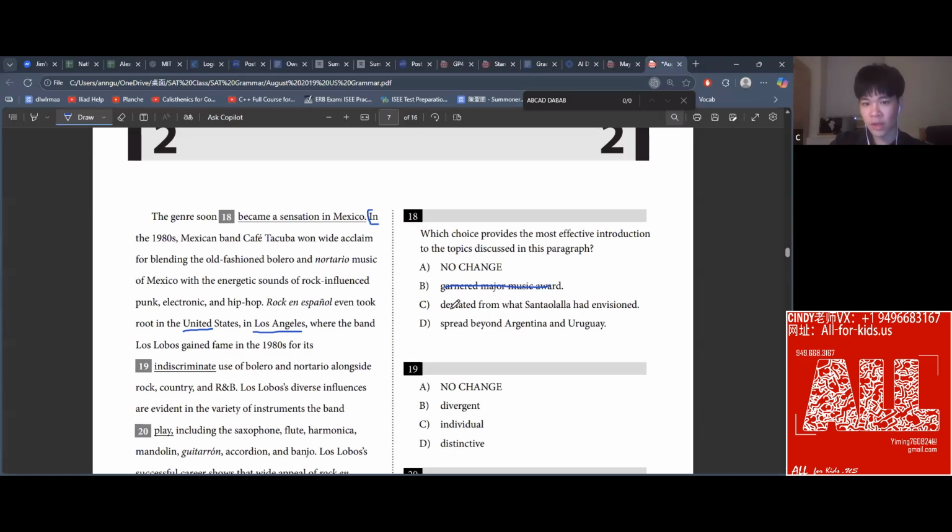No. Deviated from what they have envisioned? No. Became a sensation in Mexico? Sure, it became a sensation in Mexico, but they didn't talk about Mexico here. I mean, they talk about Mexico, but they also talk about the US. So it went beyond Mexico, right? And so basically, it spread beyond Argentina and Uruguay, because it's not only Mexico we're talking about, but Mexico and the US and other places perhaps. So the answer should be D.